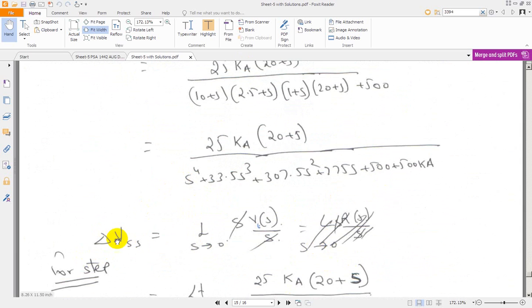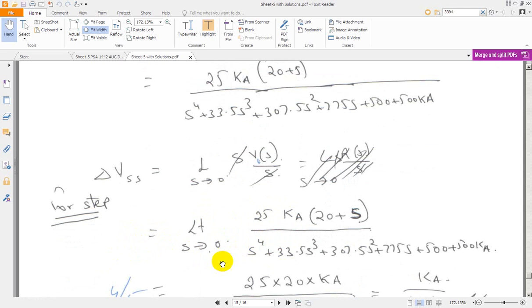And to evaluate this for the step input, steady state response is equal to limit s tends to 0, s of V of t into V of t of s divided by s. This s gets cancelled. You will get limit s tends to 0, Vt of s, we got this value, substitute this value.